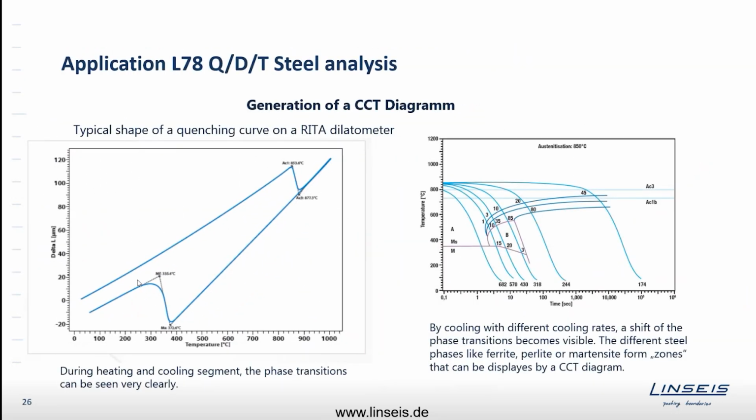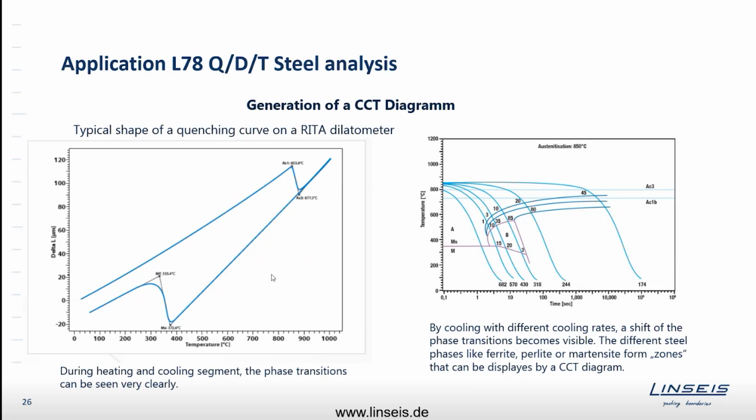This is how a measurement on the quenching dilatometer would look. So you can measure very fast heating and cooling, and this is a phase transition of a steel sample. What you see is during fast heating, there is a phase transition, and during cooling, there's the back transformation, and the exact temperature where these transformations happen depends on the heating and cooling speed.